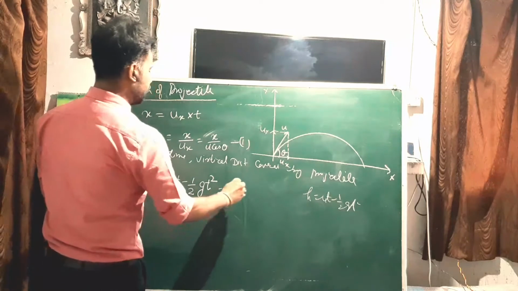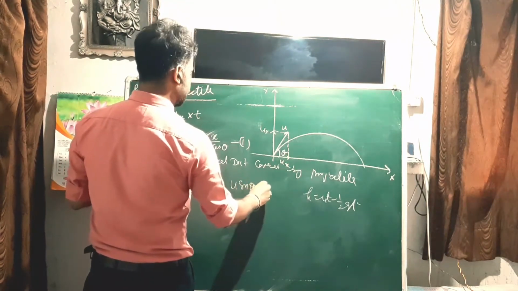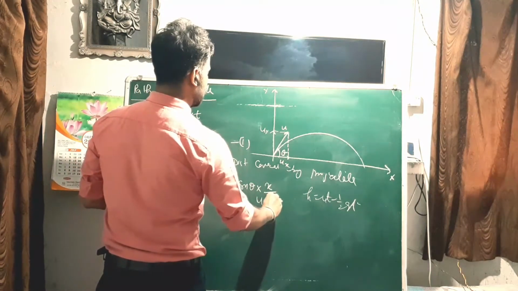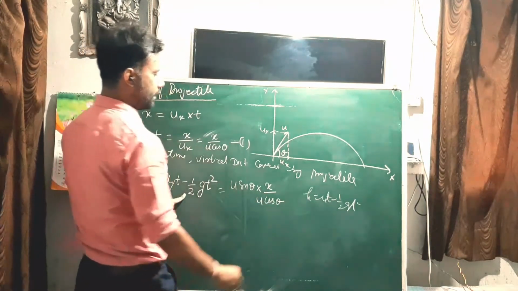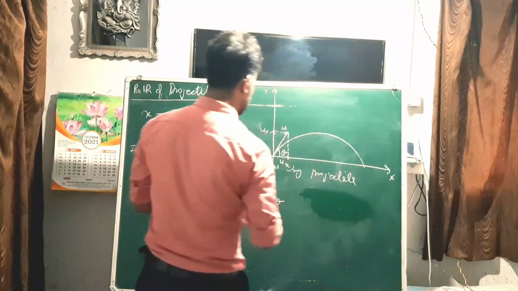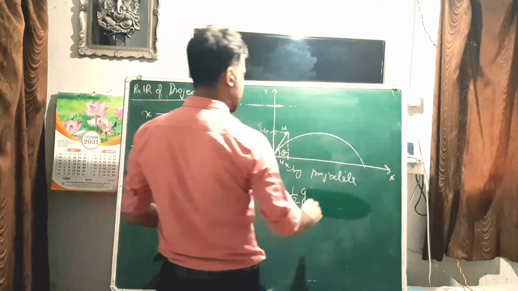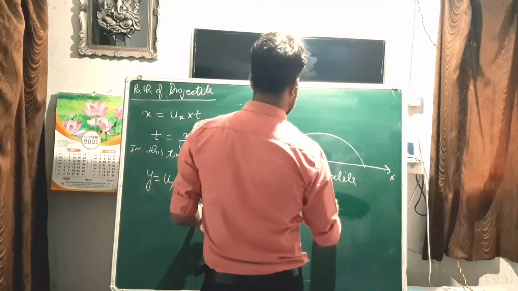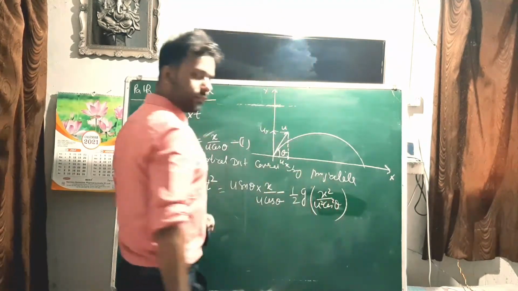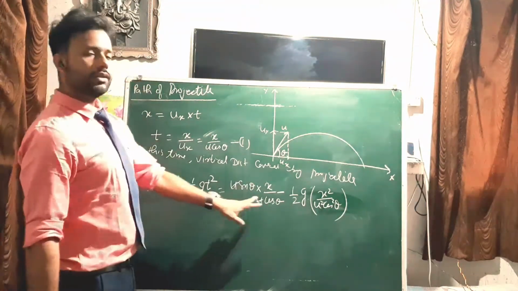So putting in the values, this expression becomes u sin theta into x upon u cos theta minus half g into t square, which is x square upon u square cos square theta, right? So u will cancel, and sine upon cos is nothing but tan.